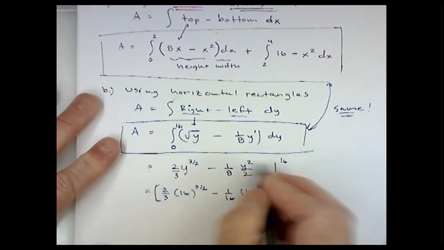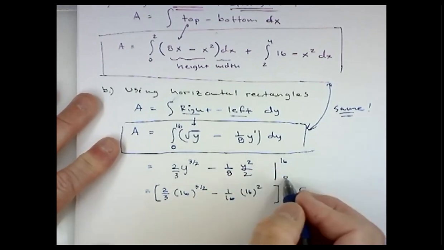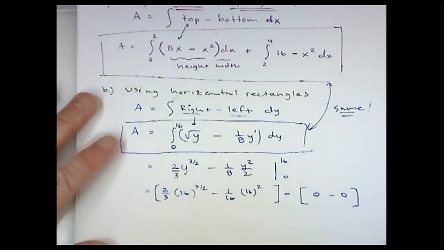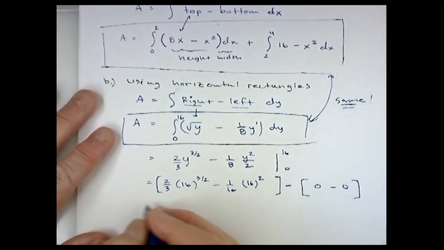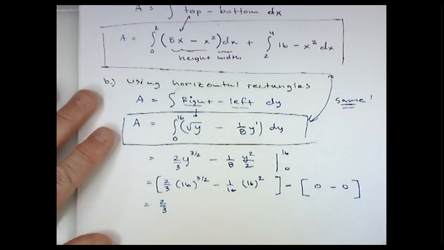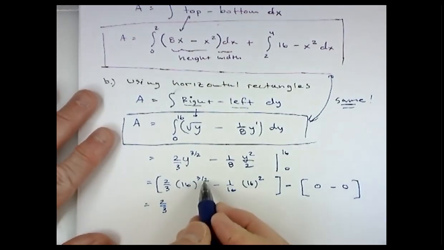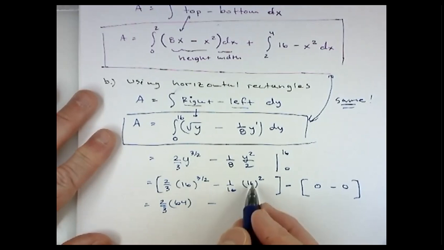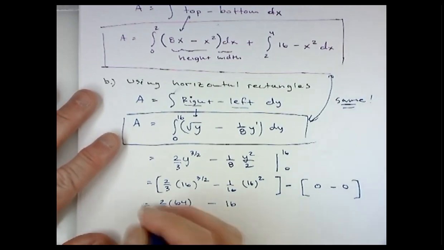So I put the 16 into both, minus what I get when I plug in the 0 to both, but that's going to give me 0 for both of them. 16 to the 3/2 is the square root of 16, which is 4, cubed, is 64. And 1/16 of 16 squared is 16. I'm just going to leave it like that.